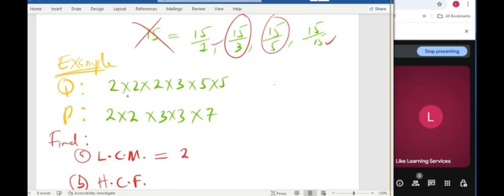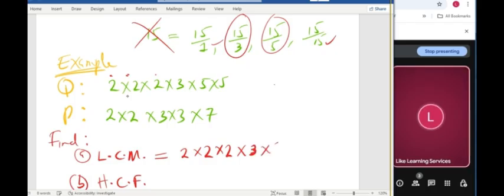You are not done. You must get the highest. 2 times 2 times 2, times 3 times 3.